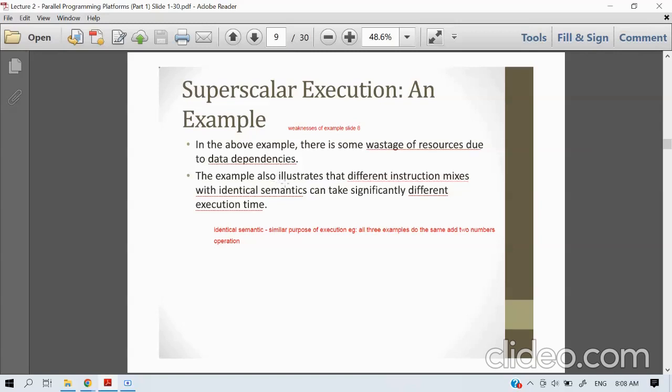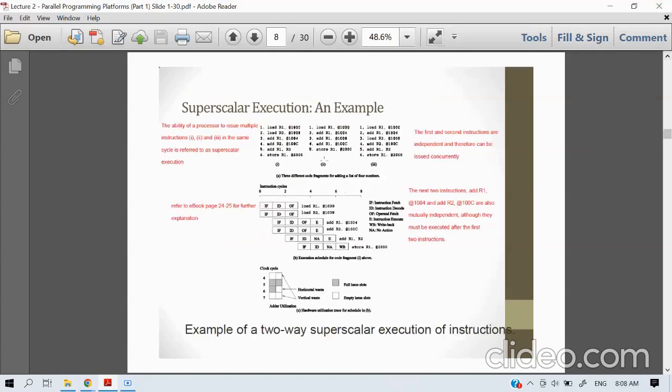The example also illustrates that different instruction mixes with identical semantics can take significantly different execution times. If you look at the previous diagram, these three operations hold the same operation, which is adding numbers.